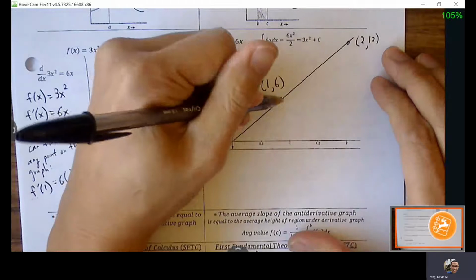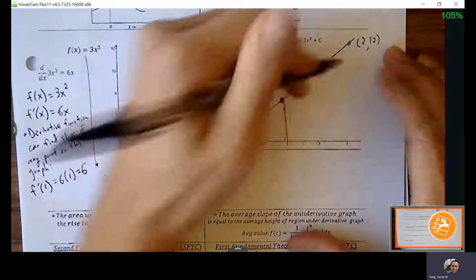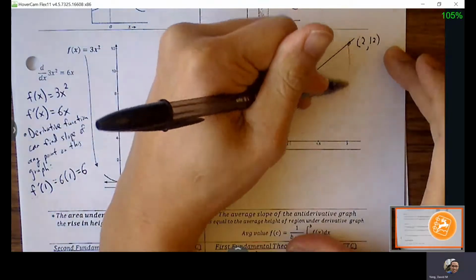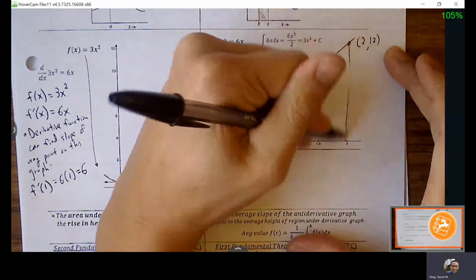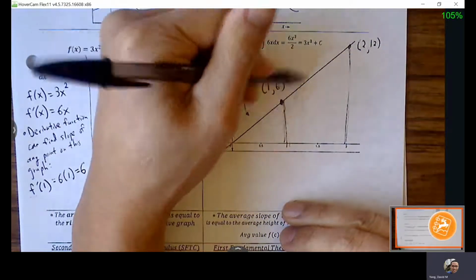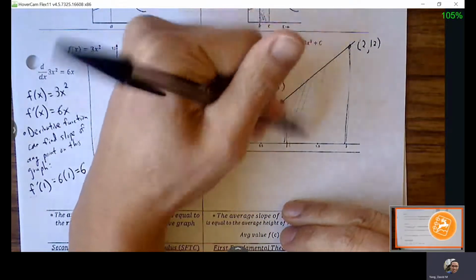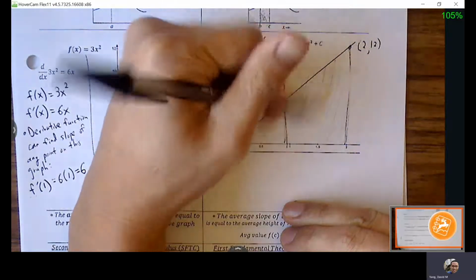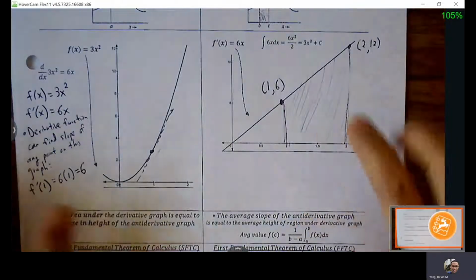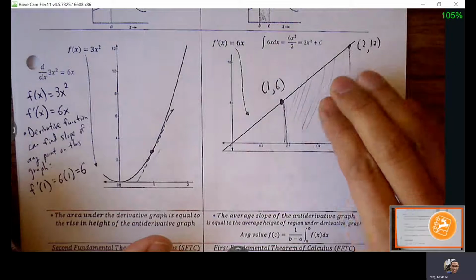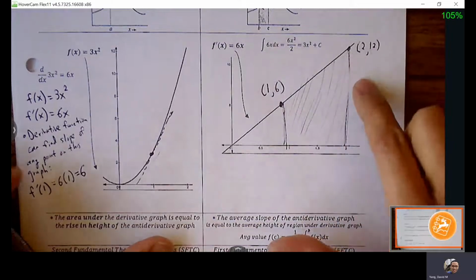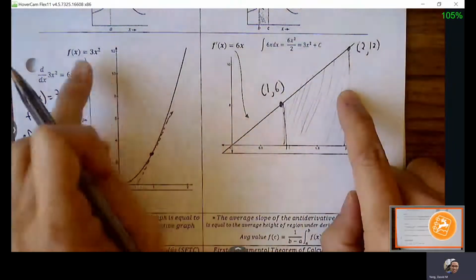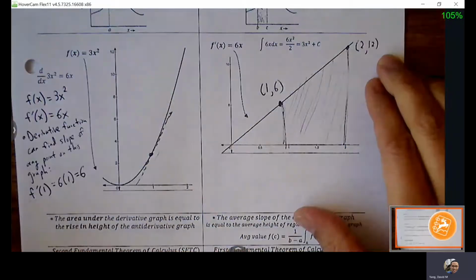So let's say I want to find the area of this region here from 1 to 2. I created this as a nice geometric shape, so we can actually find this without the use of calculus. But I purposely did that so that we can convince ourselves that what we know to be true is also going to be true from a calculus perspective.